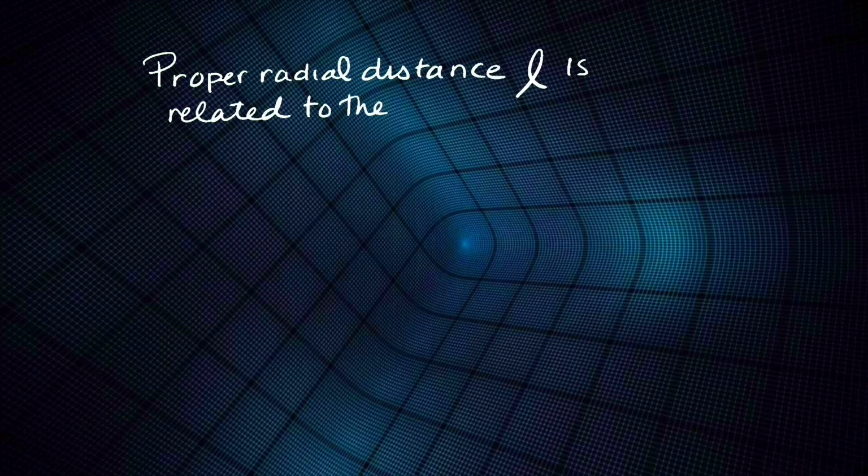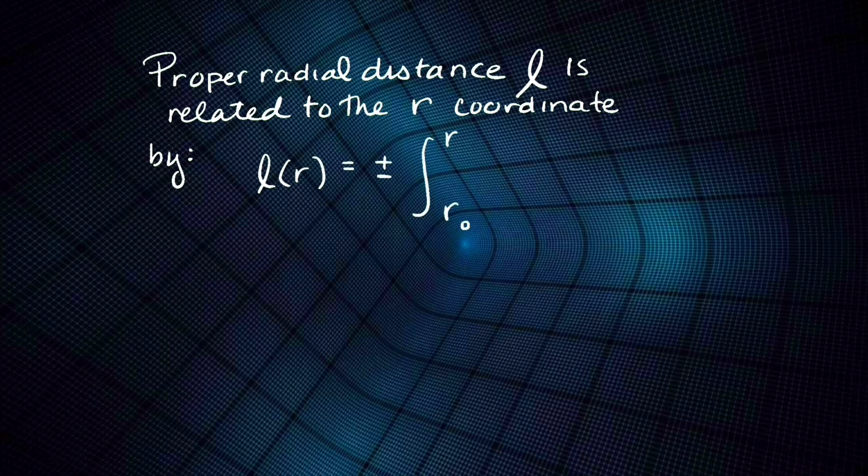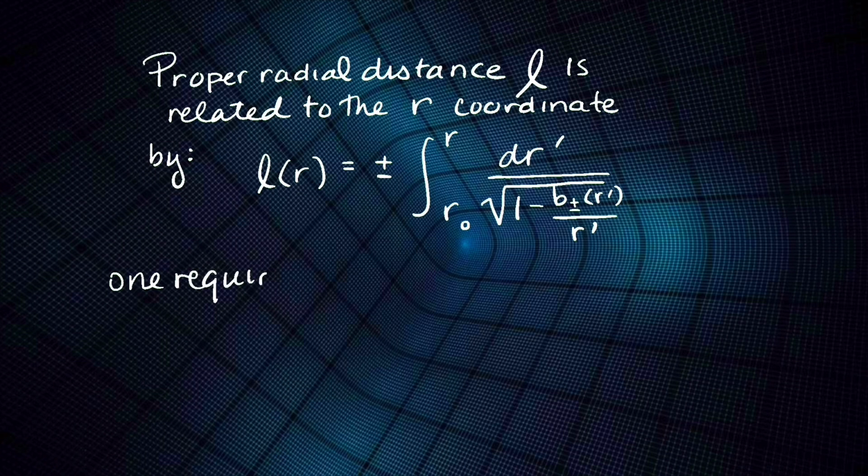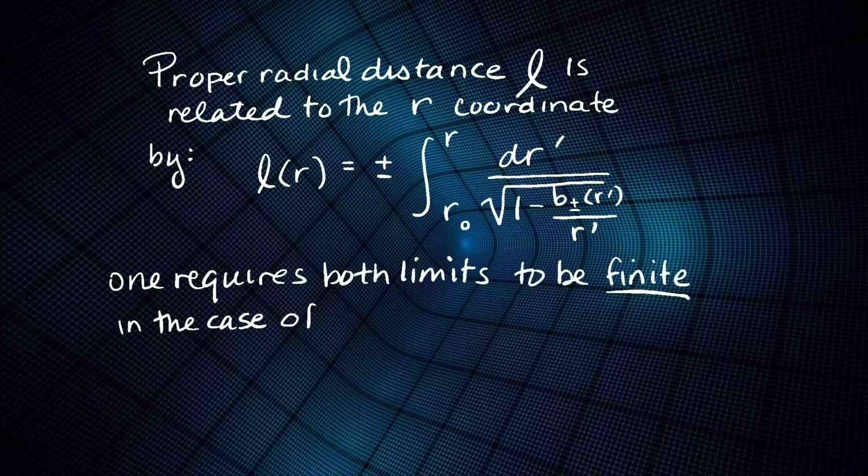The proper radial distance L is related to the coordinate r in the following way. One requires both limits to be finite. In the case of the limit as r goes to infinity, our shape function must take on a finite value on either end of the wormhole.